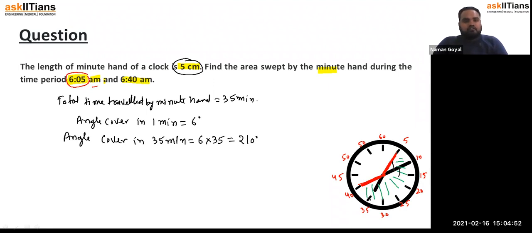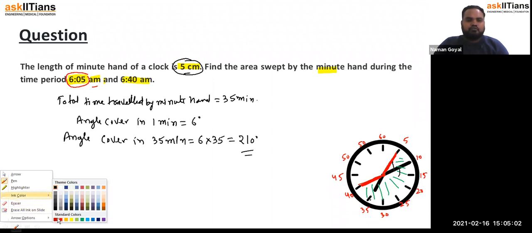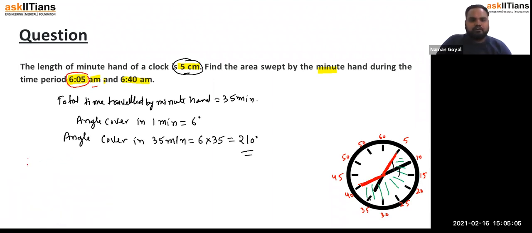One is the radius of the clock and second is the angle. We have the radius, which is 5. We have the angle, which is 210. So the area swept by the minute hand is theta upon 360 into pi r square.